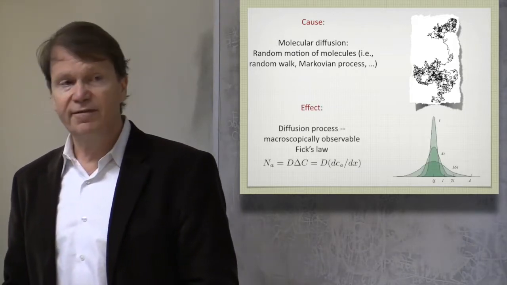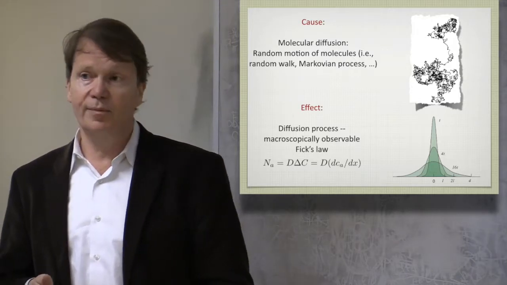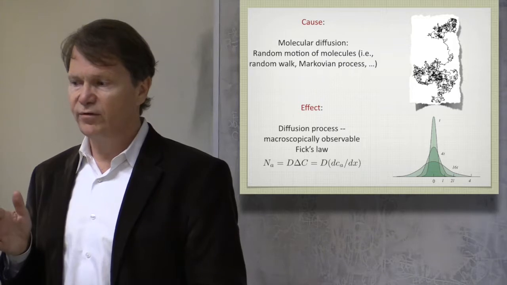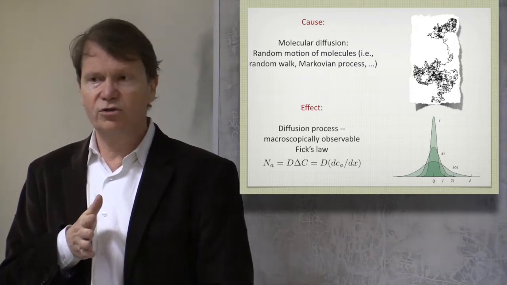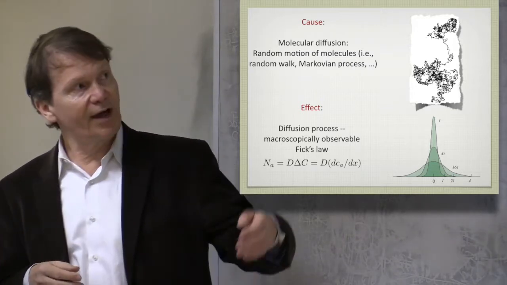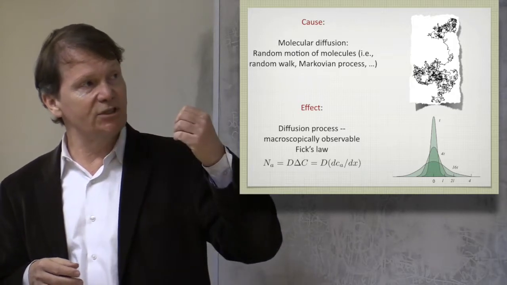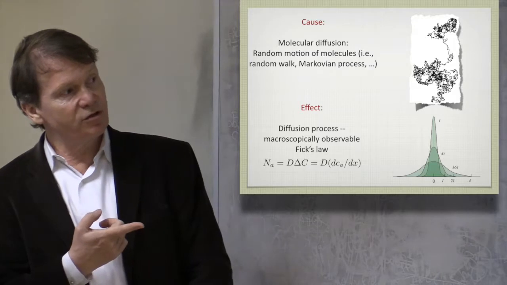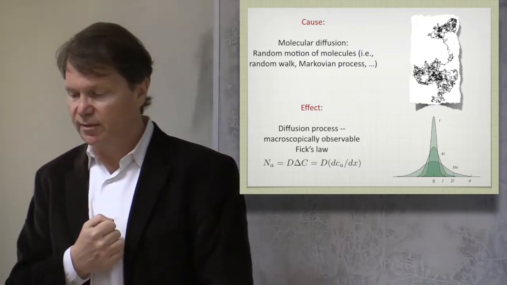And that causes an effect that we recognize macroscopically as a diffusion process, where molecules tend to move on average from a more concentrated region to a less concentrated region, which is an averaging of a semi-infinite number of these individual trajectories. And that we describe by Fick's law, which is the equation there at the bottom.